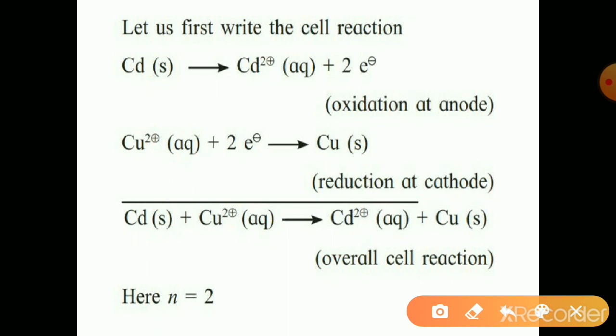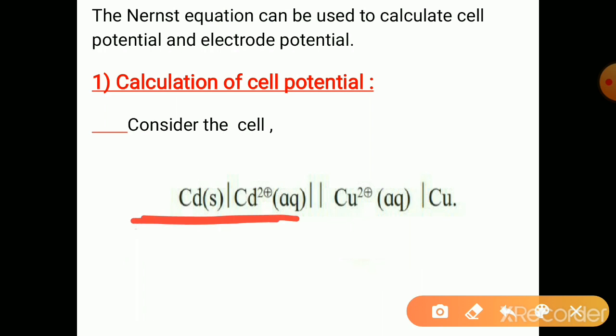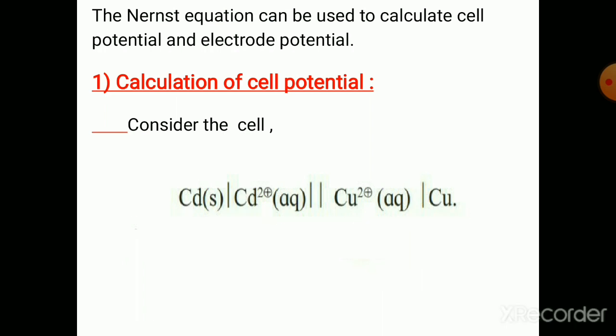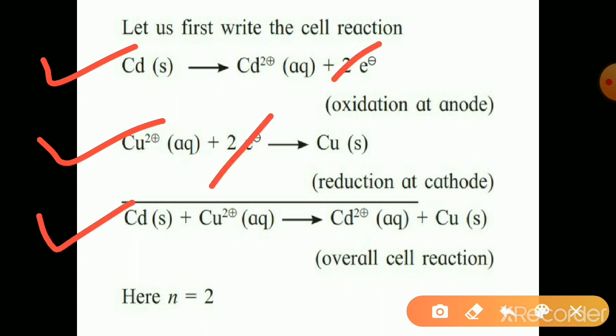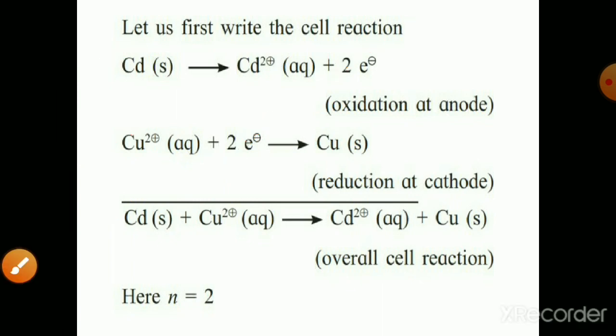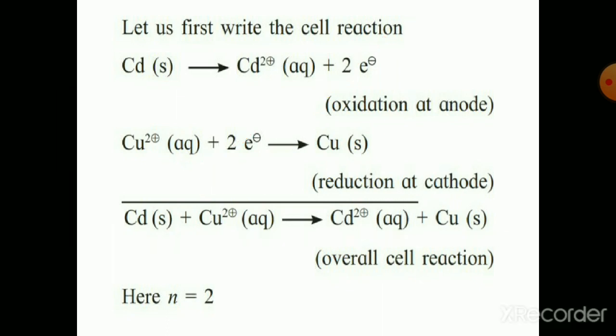Let us first write the cell reaction from that cell representation. Cadmium is on the left, so oxidation takes place, and copper is on the right, so reduction takes place. The oxidation reaction and reduction reaction are written, and both are added to get the overall cell reaction. In the overall cell reaction, the electrons lost and gained are equal, as this is a redox reaction, so they cancel and the overall reaction is obtained.